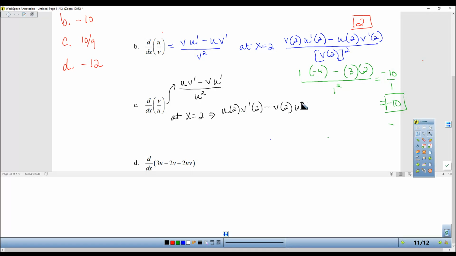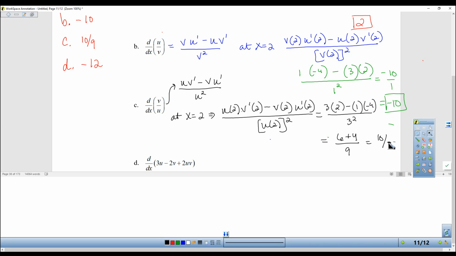So v of 2, u prime of 2, all over u of 2 squared. And then I fill them in. u of 2 is 3, v prime of 2 is 2, v of 2 is 1, and u prime of 2 is negative 4, u of 2 is 3 squared. That gives me 6 plus 4 over 9, 10/9.